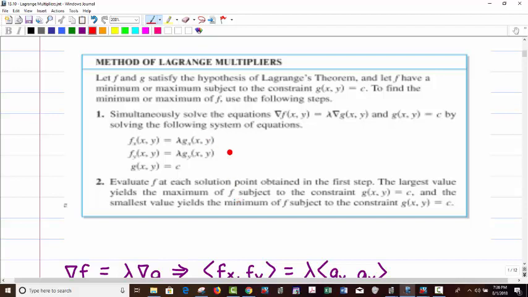If you work this out and you only obtain one optimal value, then you pretty much can assume it will be either a minimum or maximum based on whatever the question was asking you to find. It's when you get more than one of these that you have to sort of test it to see which one's the min, if that's what it's asking for, or which one's the max. But if you only get one, that's pretty much going to be the answer.